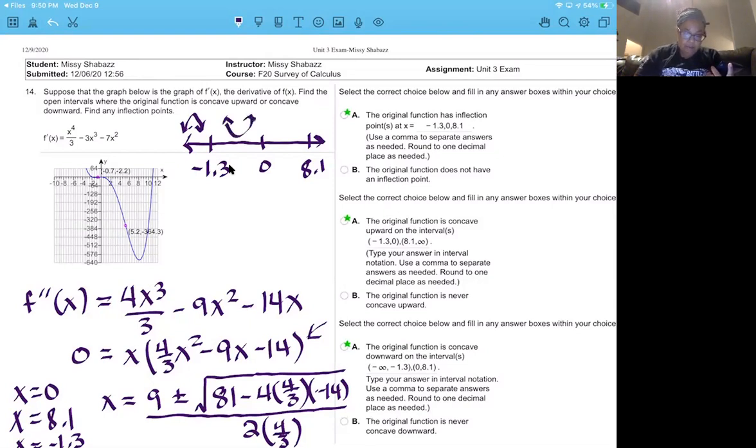Let's go ahead and plug in a +1. So I'm going to get a 4/3 minus 9 minus 14. And times the +1 in front, that's going to give me something negative, so that is concave down.